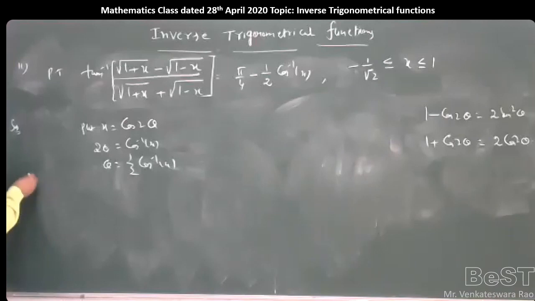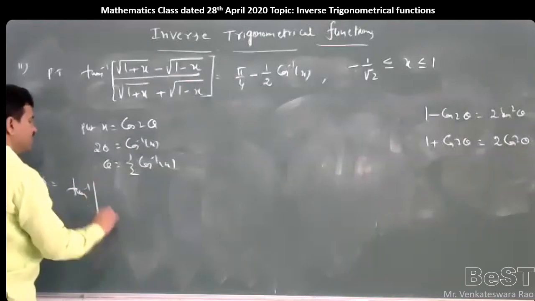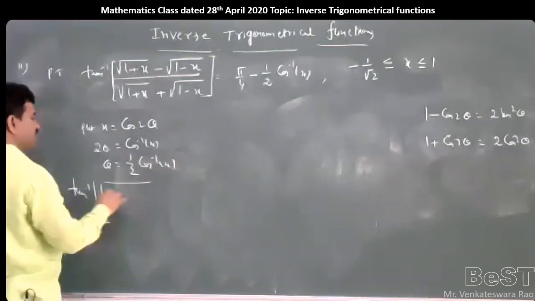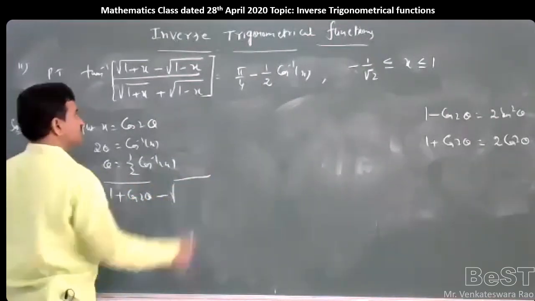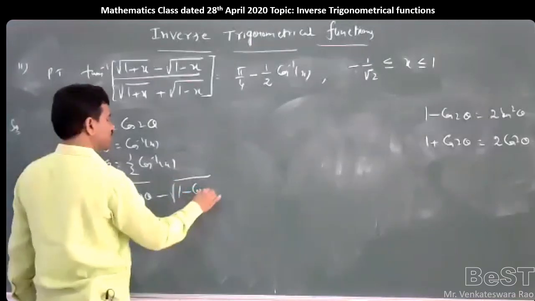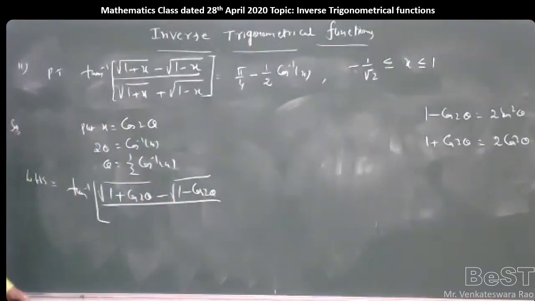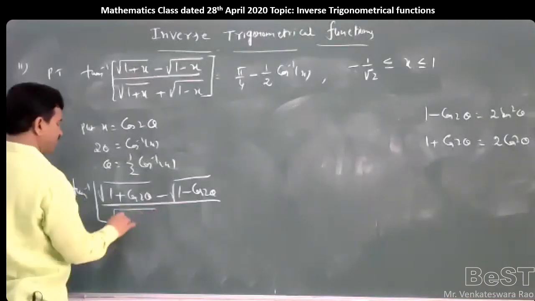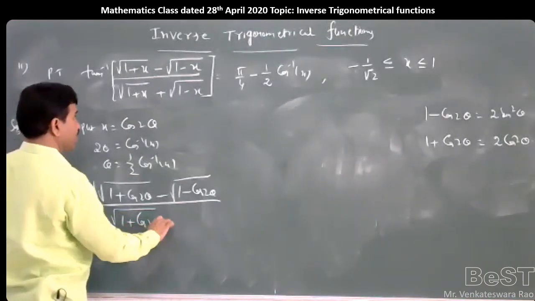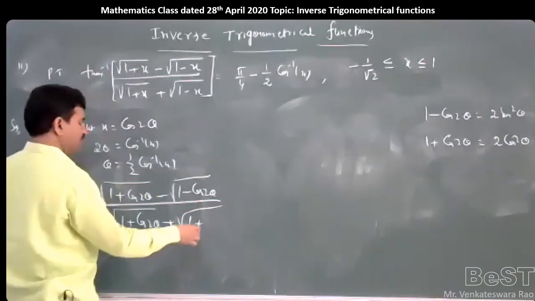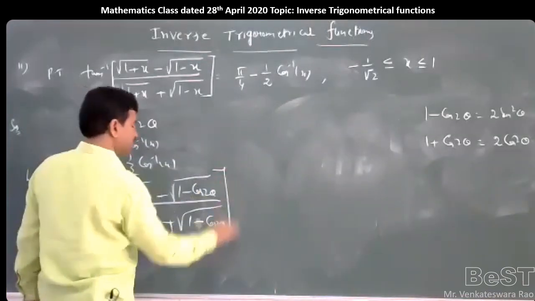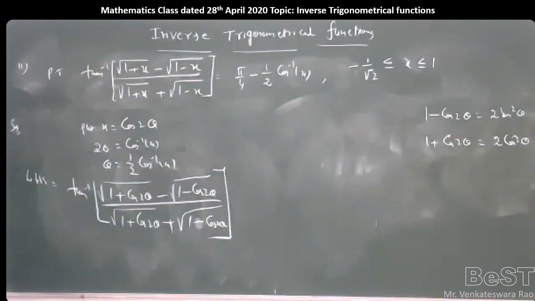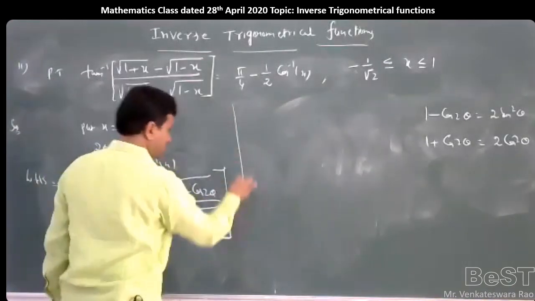So LHS is equal to tan inverse of square root of 1 plus cos 2 theta minus square root of 1 minus cos 2 theta, by square root of 1 plus cos 2 theta plus square root of 1 minus cos 2 theta. Just write the x value as cos 2 theta. Write the formulas.